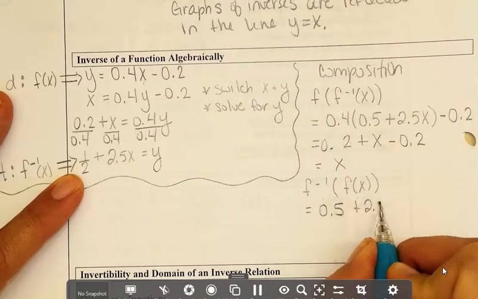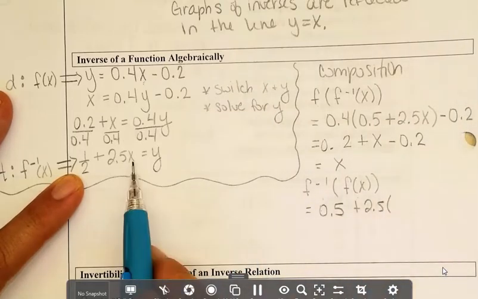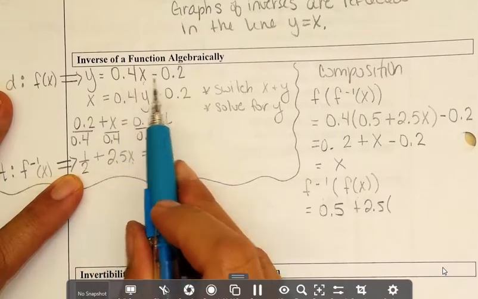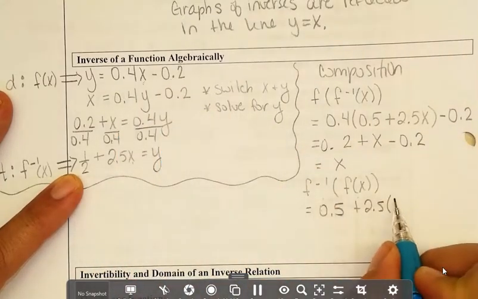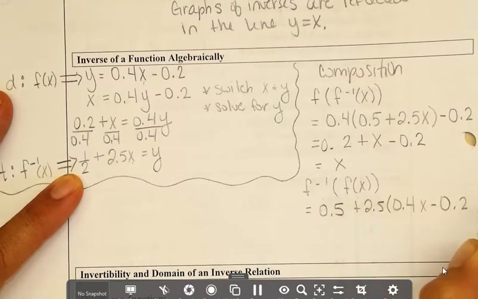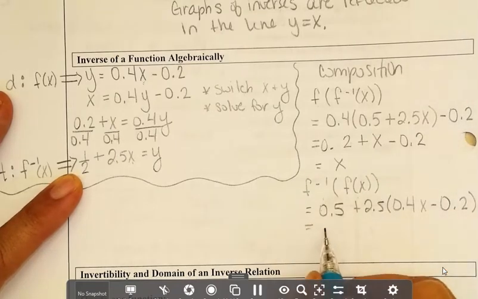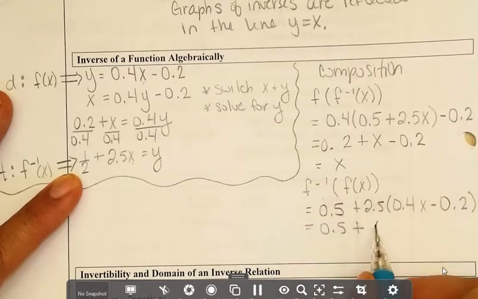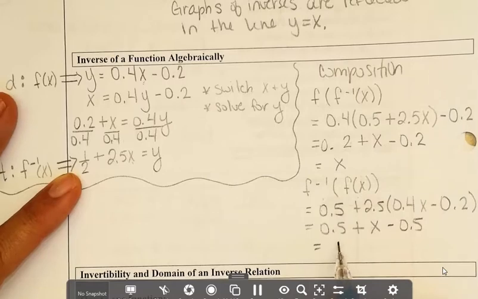Plus 2.5 times, and now my input is going to be the original function. So I get 0.5 plus, well, again, that's just going to give me x, and then minus 0.5. So once again, I end up with just my input.